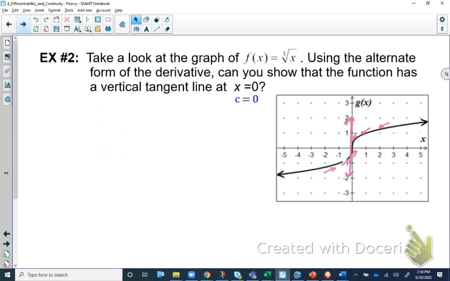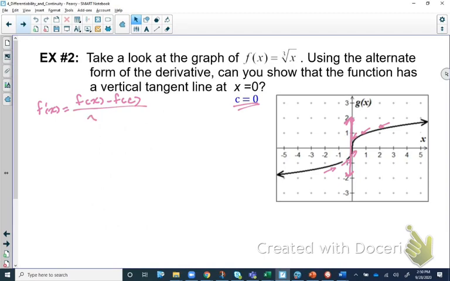So here, the alternate form of the derivative, so we'd say f prime of c is equal to f of x minus f of c, or f of a, or whatever it happens to be. Here we'll say f of c because I have it noted that the input is going to be 0 in this case, and I'm using c.